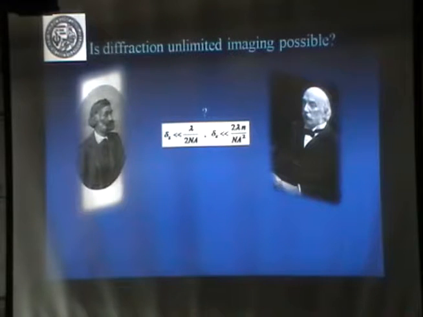As you see, they are not very happy. They don't think it's possible. In fact, for 150 years, people were trying to beat this diffraction limit. So it's not an easy problem, and there were pretty smart people who worked on it.